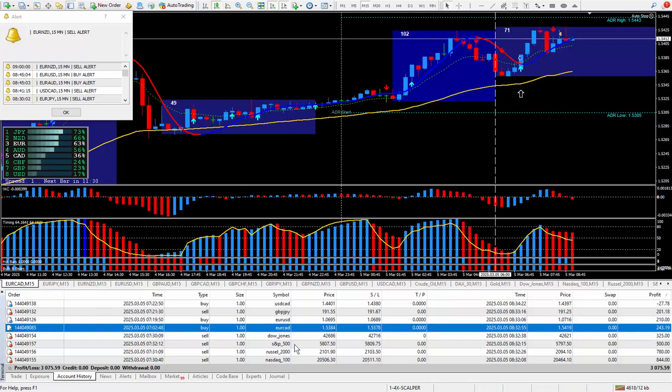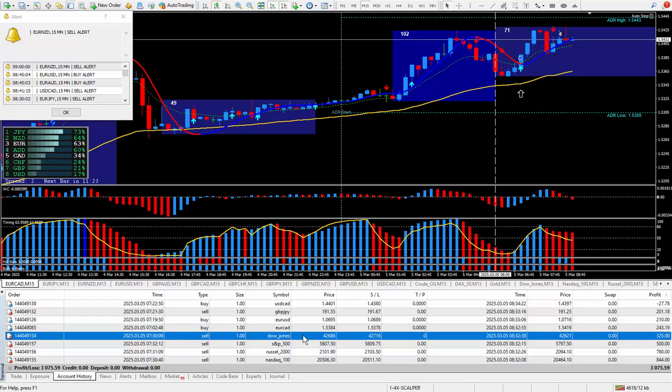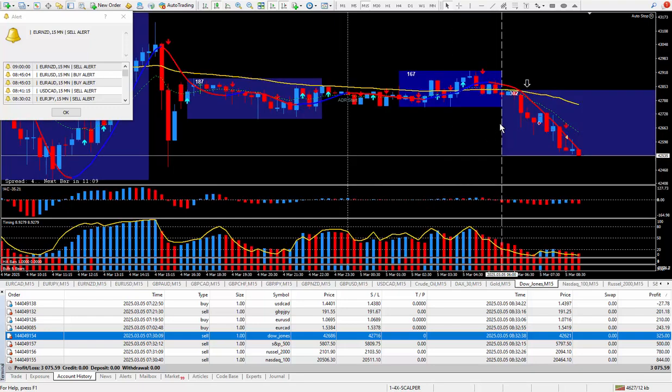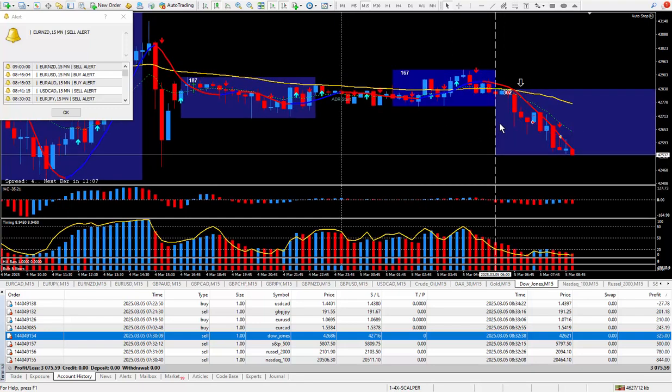Okay, let's move on to the futures. They pay a lot more and obviously move a lot more. Now let's see, Dow Jones. Here we go. Let's drag and drop this up, see where I got in at. These last 4 trades, I sold them all.